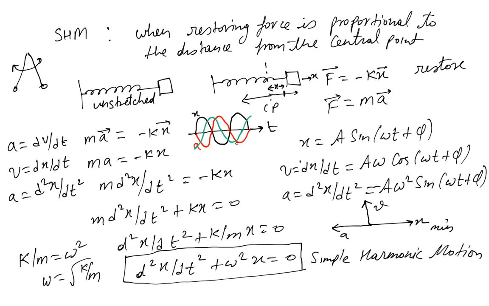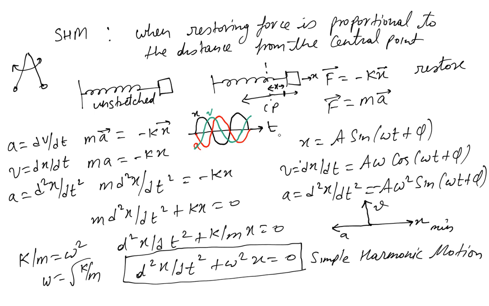This is the velocity. So when both acceleration and distance are 0, velocity is maximum. So both distance and acceleration are 0 at the central point, and velocity is maximum at that point. This is velocity. So this is how these three things vary in time.